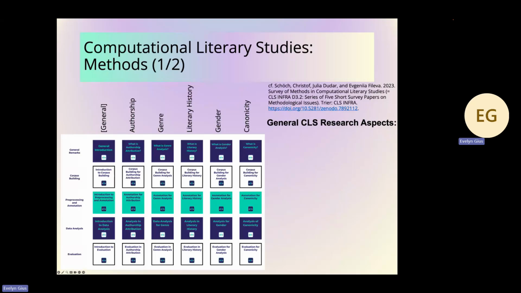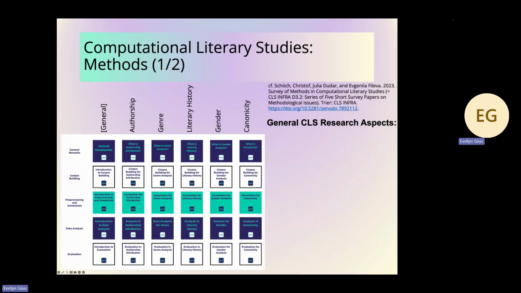Genre, which means things like drama, novella, poetics, and so on. There's literary history, so explaining the big lines of history, development in literature. There's gender, and there's canonicity, which means the way certain texts become very famous and are being read in schools and so on.